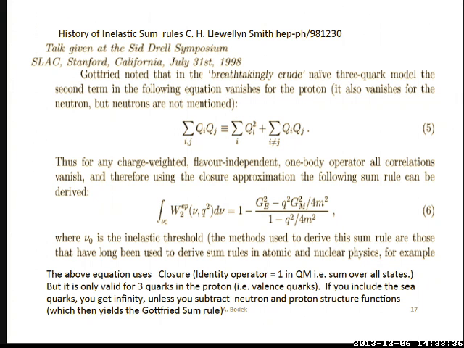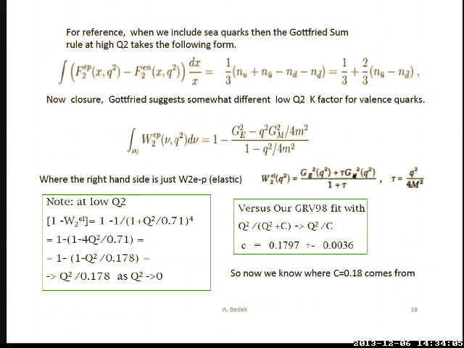So almost the same as the Adler sum rule with 1 minus the elastic form. This is the elastic form factor from electron scattering, except this is a naive three-quark particle model. And we don't have a three-quark particle model. For the proton, we have quarks plus valence quark plus C. But at least we know what the sum rule is from the Adler, from closure, for the three valence quarks.